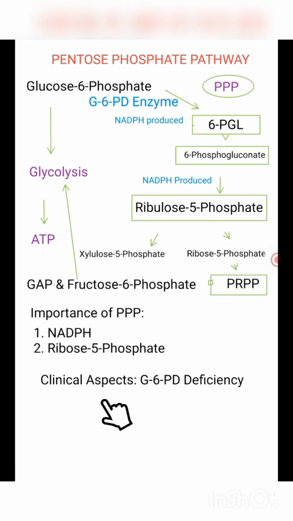Now, imagine your cells without NADPH, your red blood cells without NADPH, as seen in the cases of the deficiency of glucose 6-phosphate dehydrogenase. What is going to happen is that you're going to have an accumulation of reactive oxygen species in your red blood cells, which are going to cause a lot of stress and eventual destruction of the red blood cells, leading to hemolytic anemia.